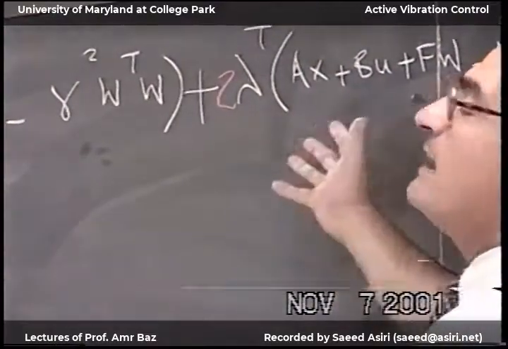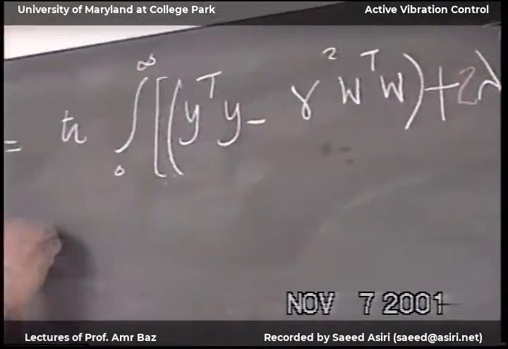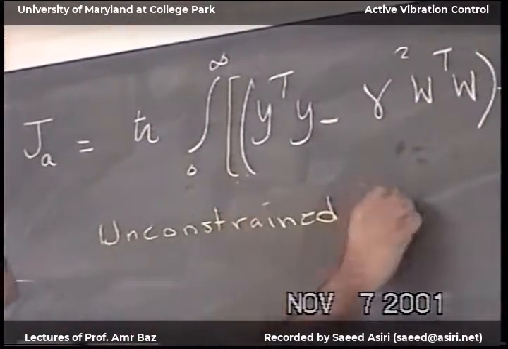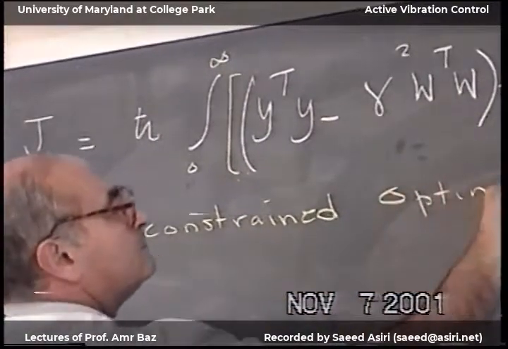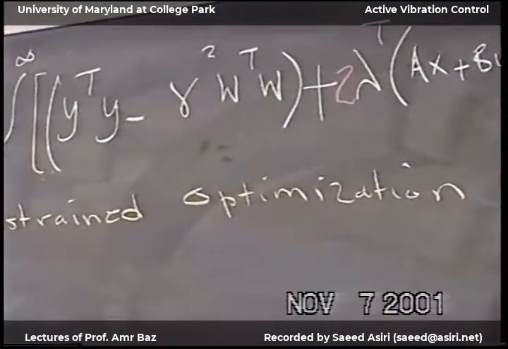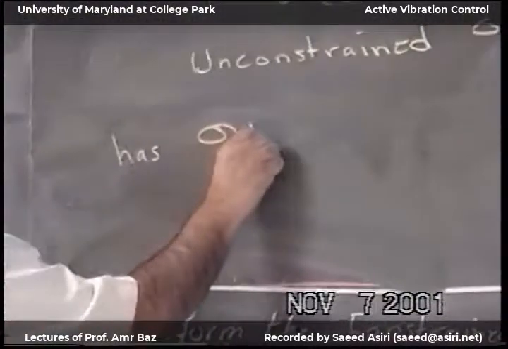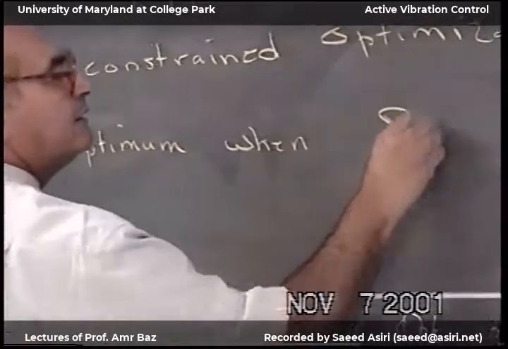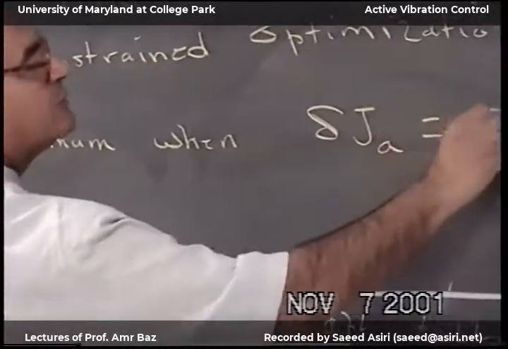So now this is an unconstrained optimization, and has optimum when del J augmented is equal to 0.